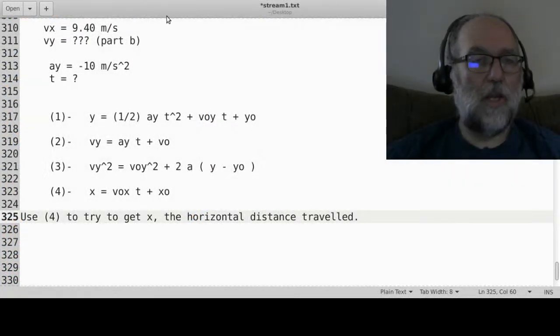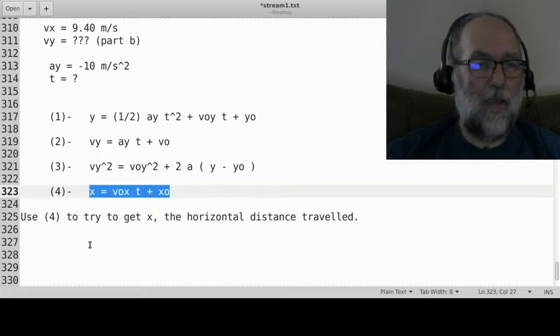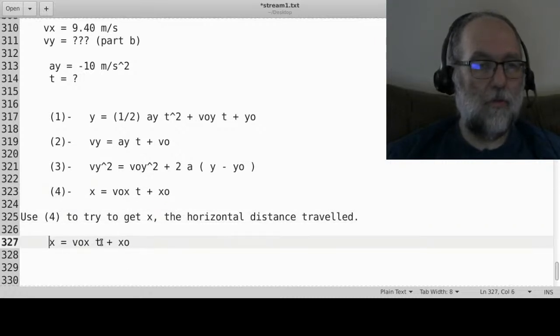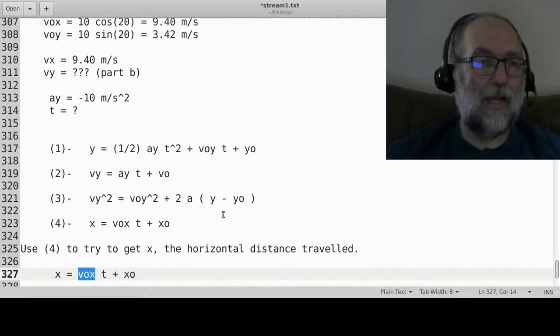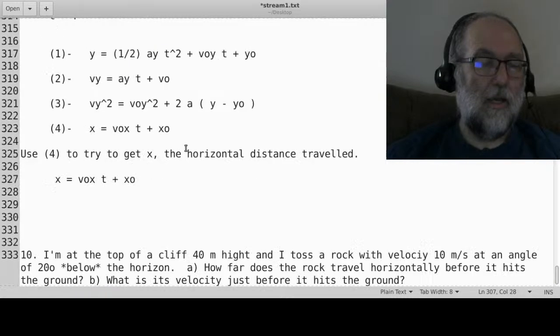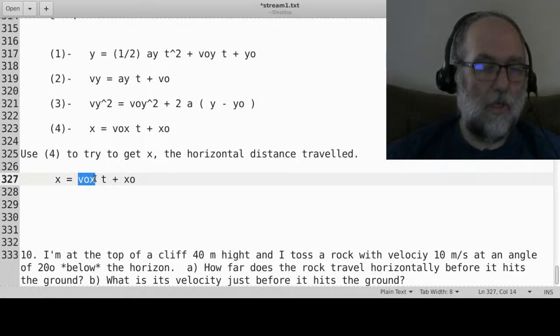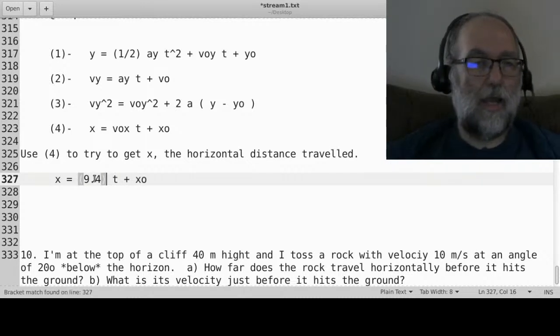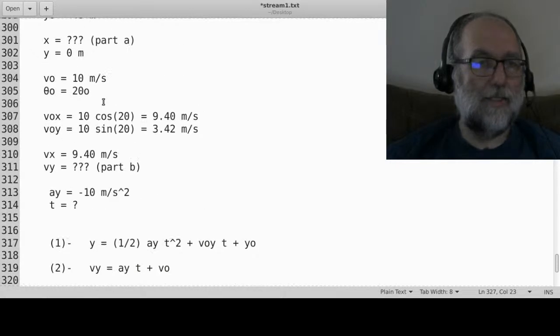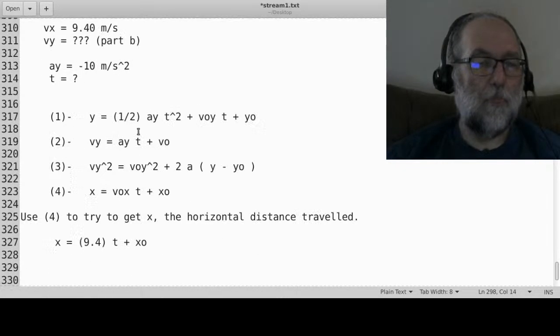So using equation number 4, we have this equation here. Now we can just plug in the numbers. For v naught x, we can put in that 9.4, times t, which we don't know, and x naught is 0, if you recall from up here.